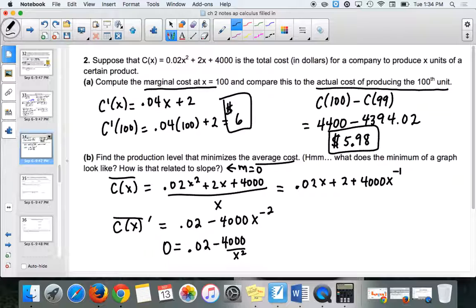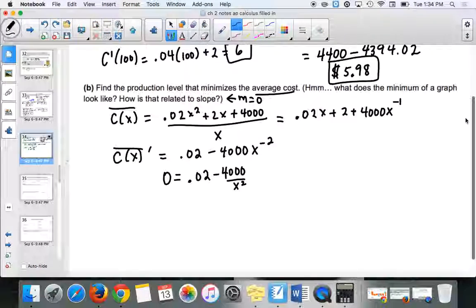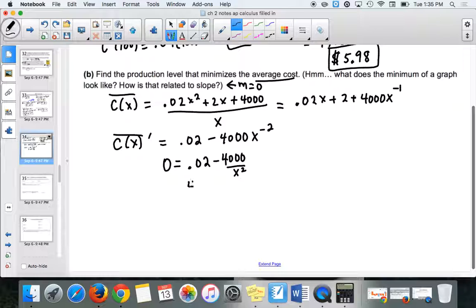So now I'm going to rewrite it as 4,000 over x squared. So I have 0.02 minus 4,000 over x squared equals 0. So I'm going to add the 4,000 over x squared over, and multiply the x squared over, so 0.02x squared equals 4,000. And then divide by 0.02.